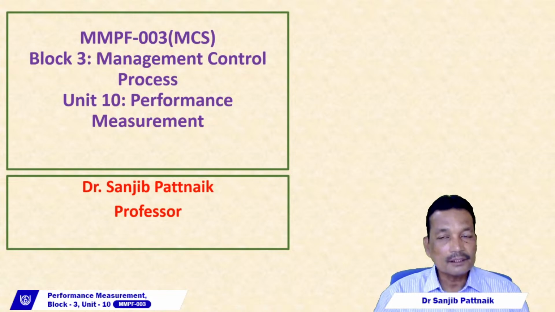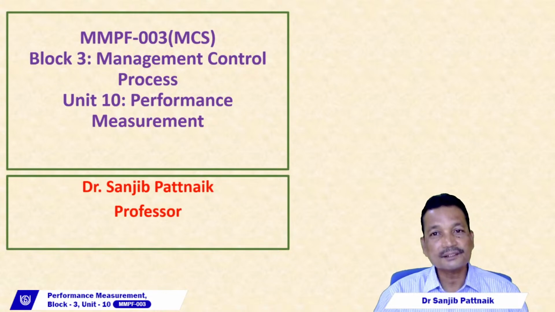Now, when we discussed Unit 9, it tried to throw light on the budgeting process and the reporting within an organization, which comes under the ambit of the management control process.